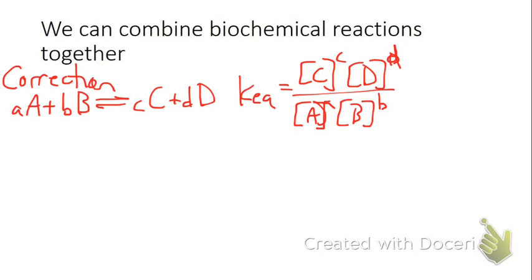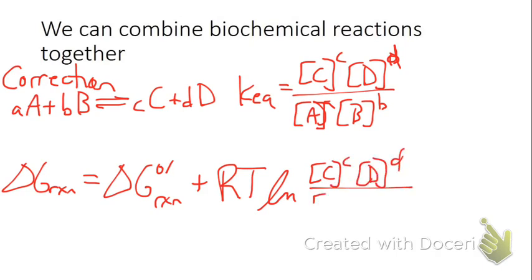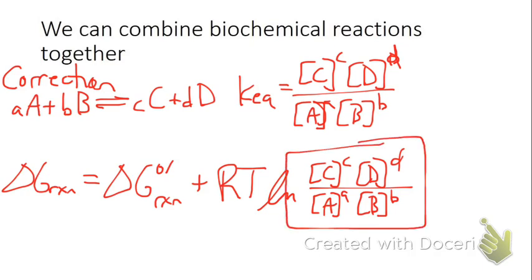When we calculate delta G of the reaction, which is what we want in non-standard state, what our bodies would normally be doing, it is delta G naught prime of the reaction plus RT, where T is the temperature at which it occurs and R is a constant, times the ln of C to the c, D to the d over A to the a, B to the b. This is known as Q, the mass action ratio.